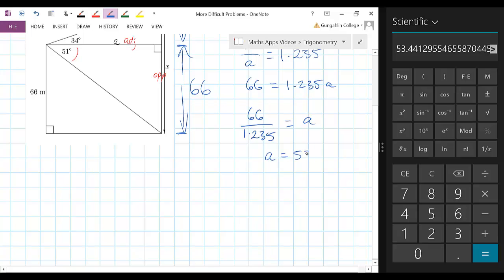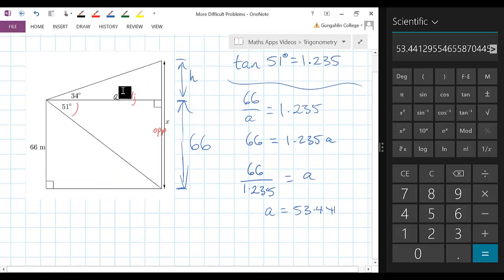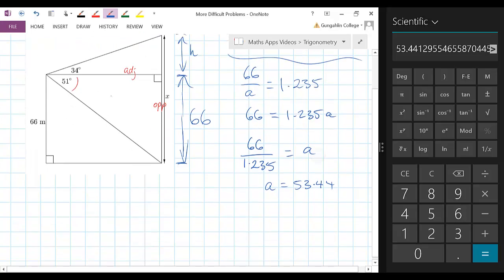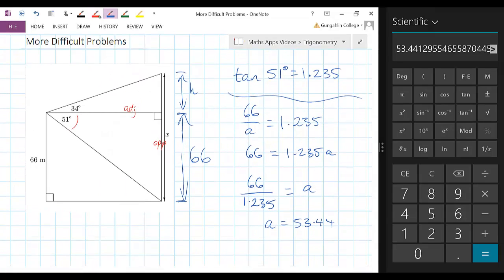So let's look back at our diagram and make sure we're sorted on what this is telling us. This distance along the bottom here is 53.44. So now I'm dealing with this top triangle, and I can find the value of h along this side. Again, opposite and adjacent, I'm going to be working with another tan question.